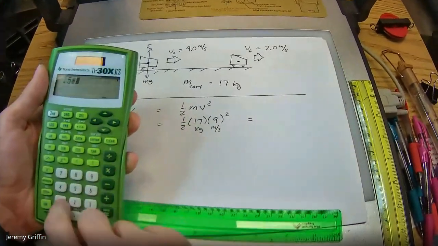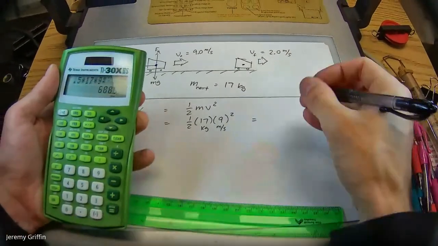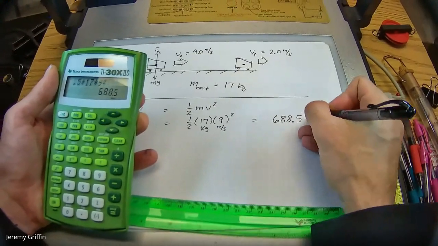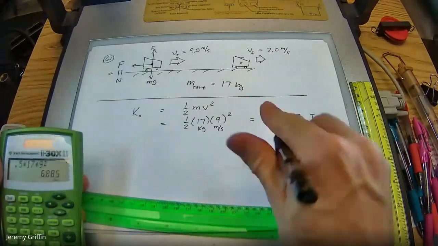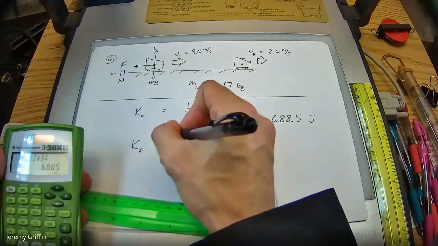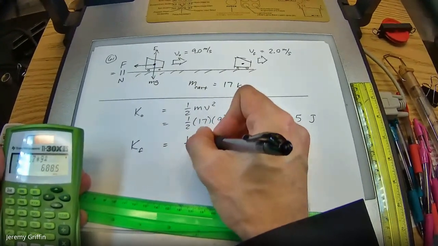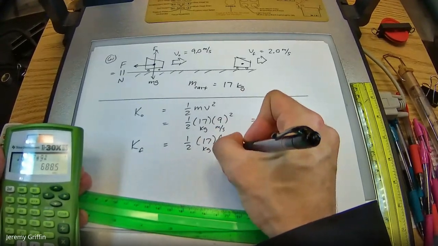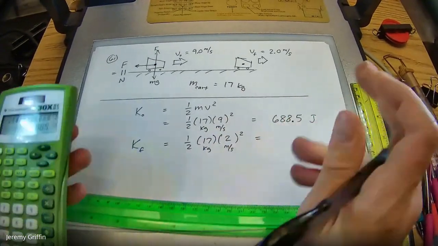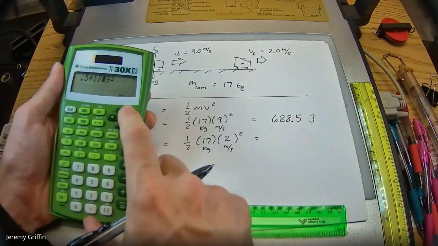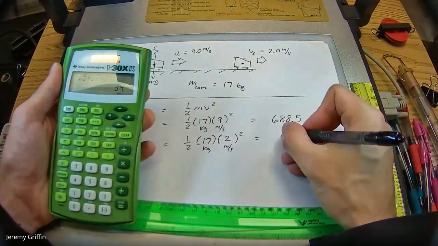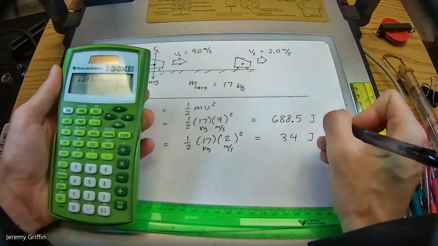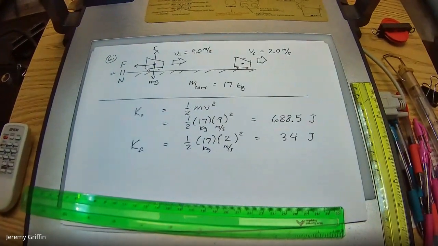So 1/2 times 17 times 9 squared. I'm looking at 688.5 joules of energy. Kinetic energy final, in the second scenario, 1/2 times the same 17 kilograms times only 2 meters per second being squared. Right, so here's the 2. I'm looking at 34 joules of kinetic energy.